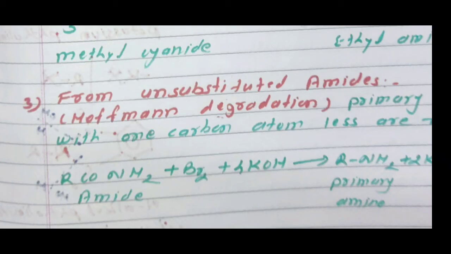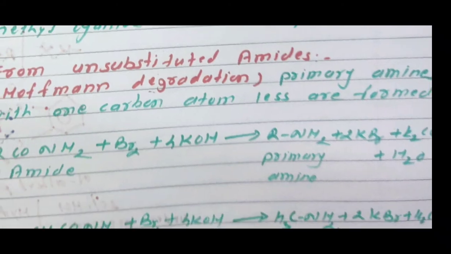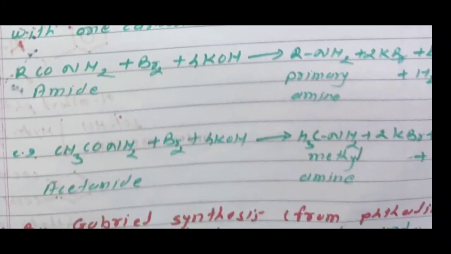Here RCONH2 is converted to RNH2 with one less carbon atom, releasing two molecules of KBr, K2CO3 and a water molecule. Then I am taking acetamide as an example. This is the amide from acetic acid.